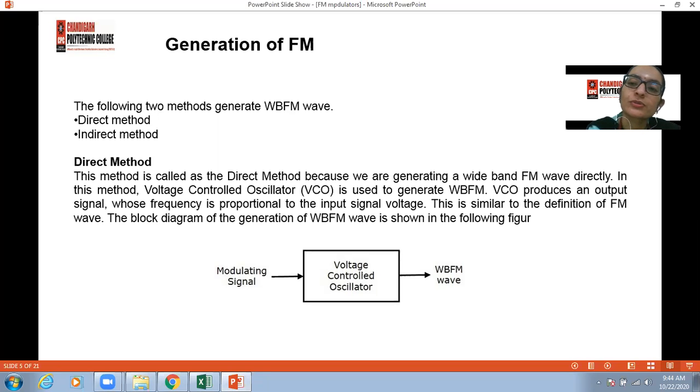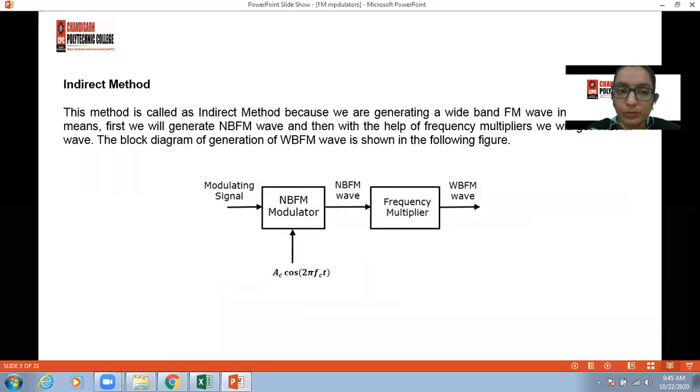On your screen is the block diagram of wideband FM generation. The modulating signal can be a sine wave, triangle, or any other, and we can use audio and radio frequency signals both. The voltage controlled oscillator produces a wideband FM at the output.